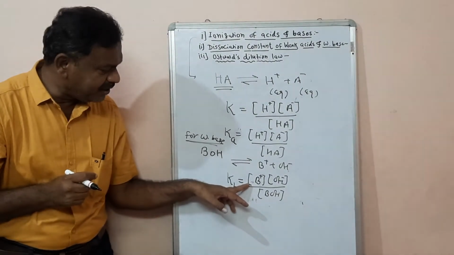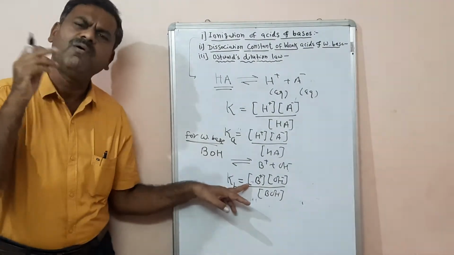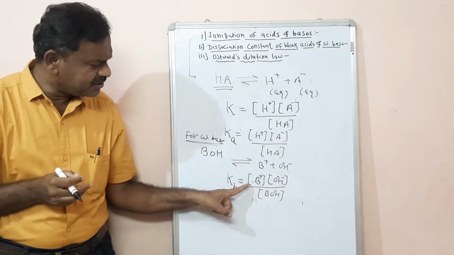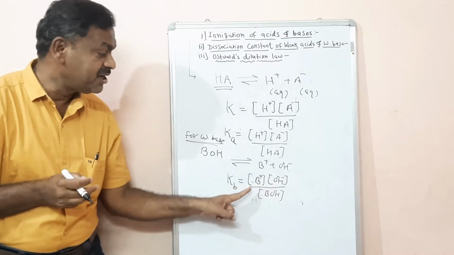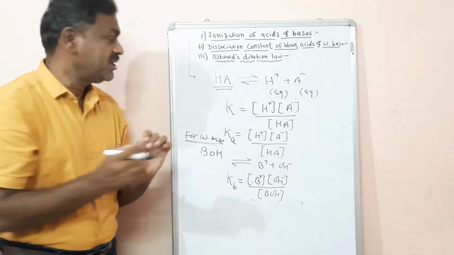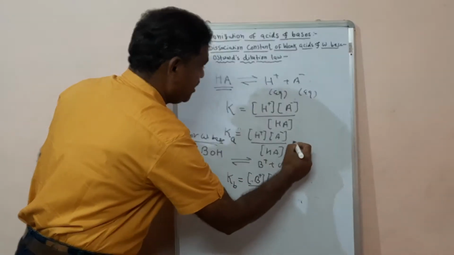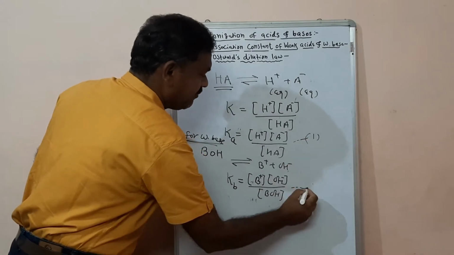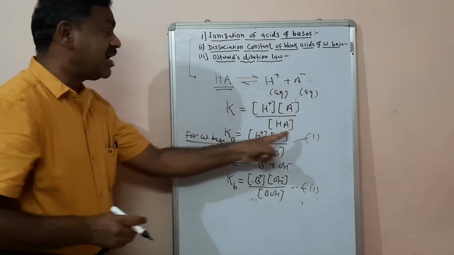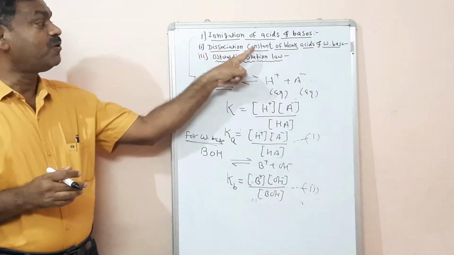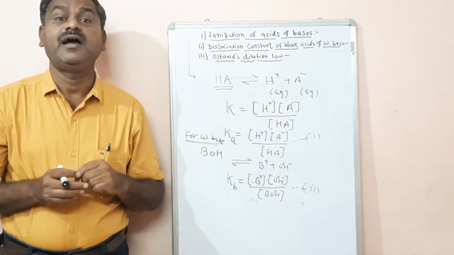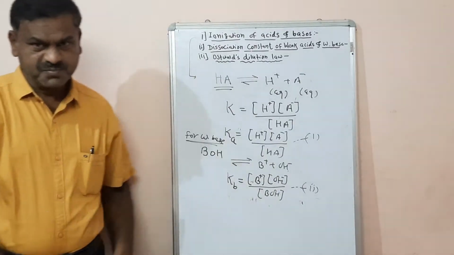So this is equation number 1 and equation number 2, the dissociation constants of the weak acid and the weak base.